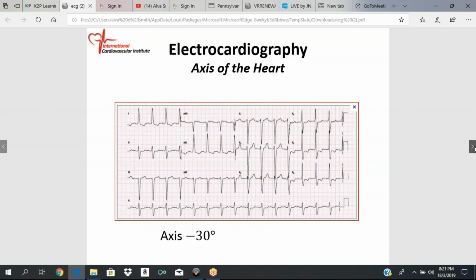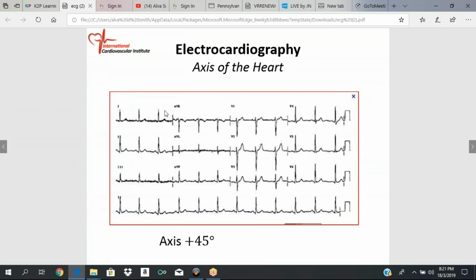All right. Let's look at another one. So again, our 12 lead ECG, we put 10 electrodes on, we get 12 leads. These are regular limb leads. These are augmented limb leads. When we look at our limb leads, the most isoelectric, that is the positive almost equal to negative, is AVL.